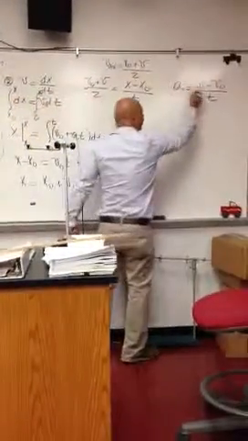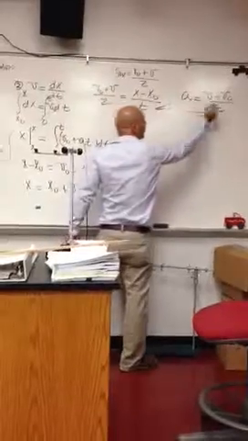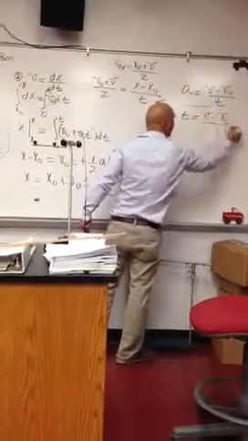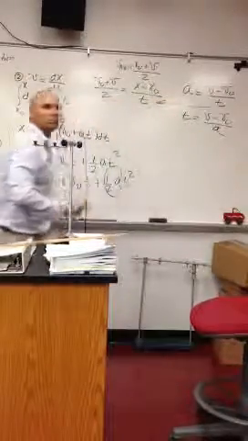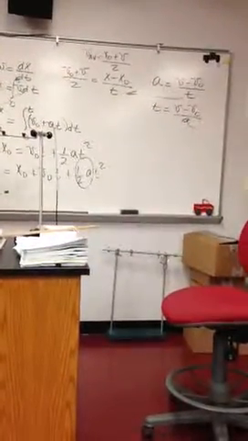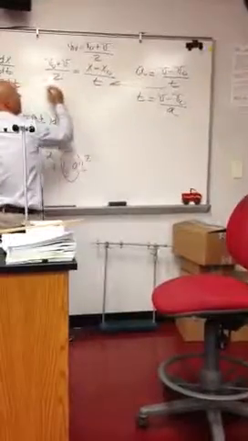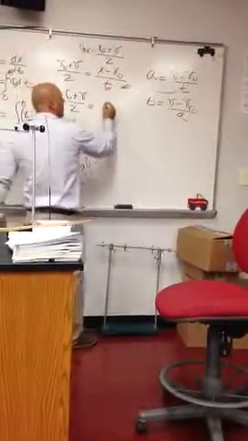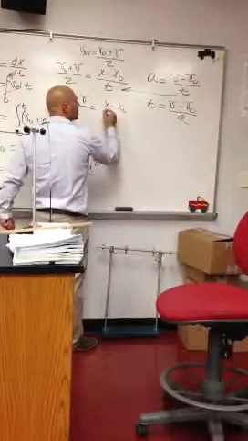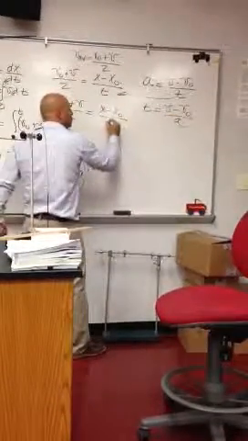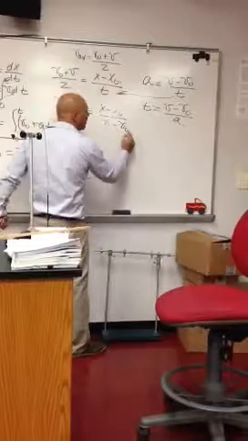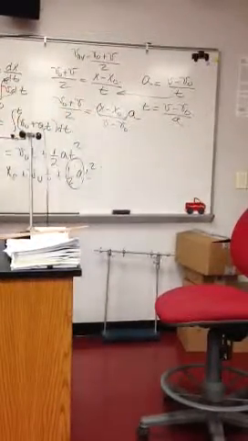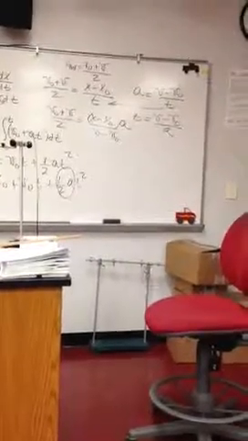Replacing time here, I can get time, and time is equal to (V minus V0) divided by a. So if I replace the time here, I get that (V0 plus V) divided by 2 will be (x minus x0) divided by (V minus V0) divided by a, but I can move the a from the denominator to the numerator.